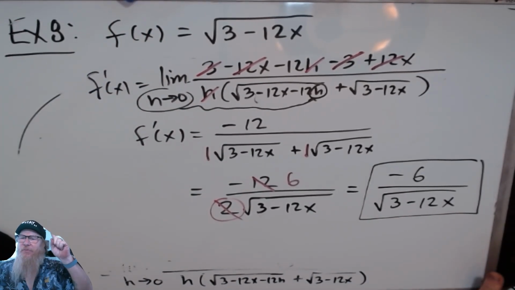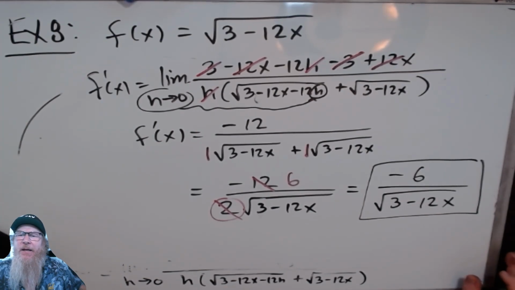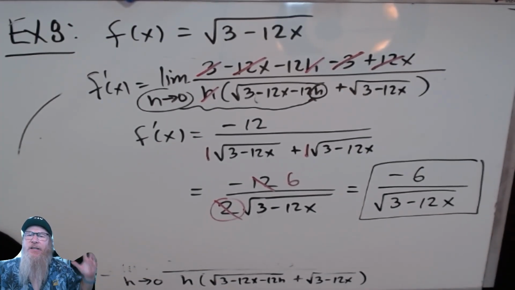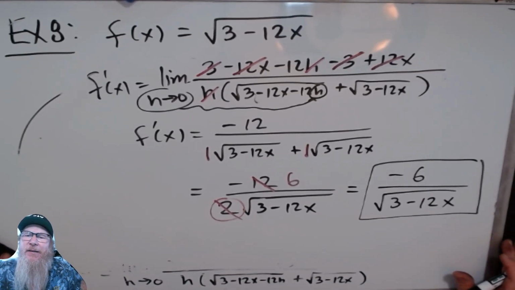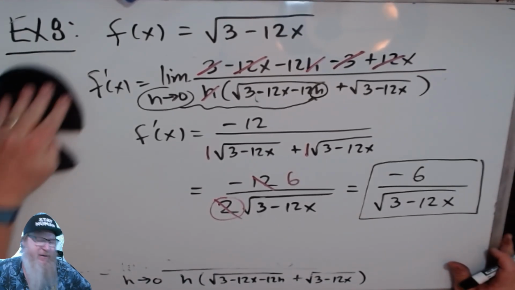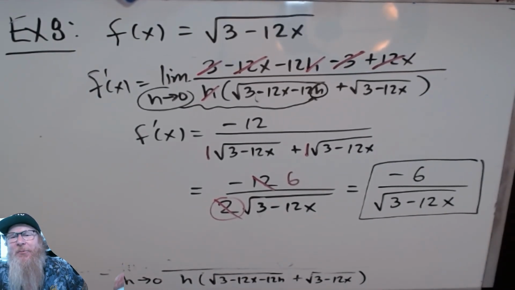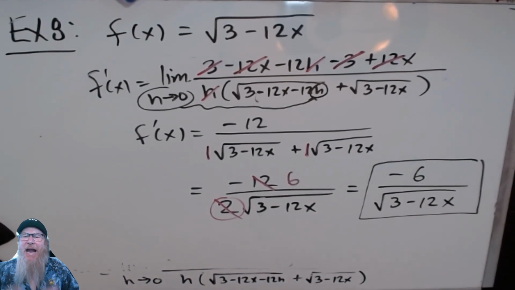So, before I stop this camera, we have now discussed derivatives 3 ways to Sunday, or 6 ways to Sunday. In other words, lots of different ways of doing derivatives. And we've discussed where a function is differentiable.